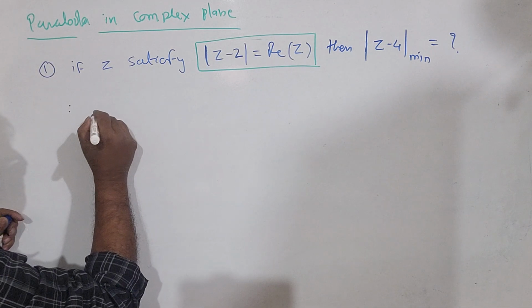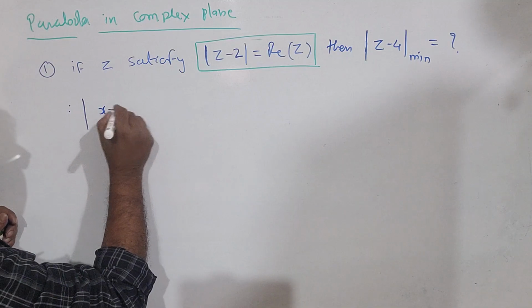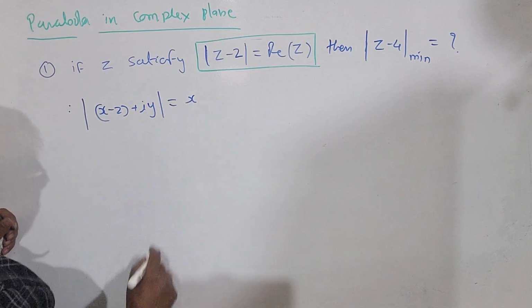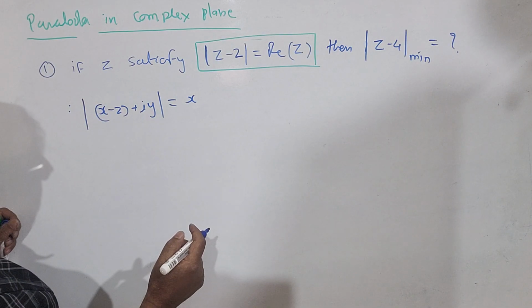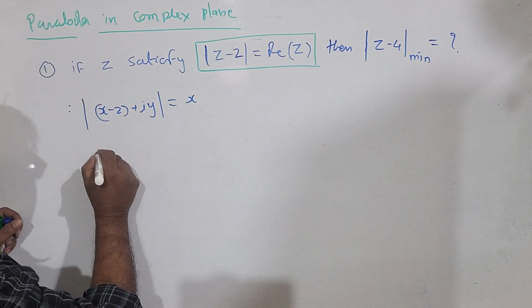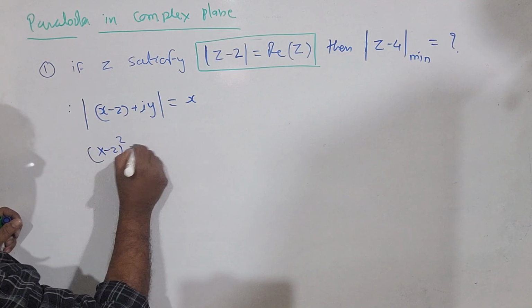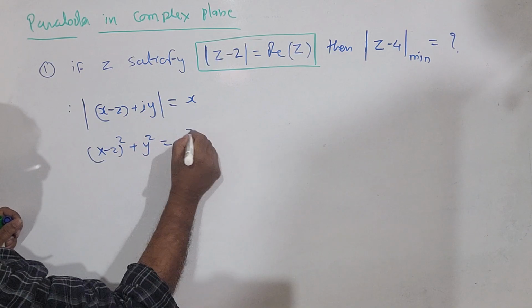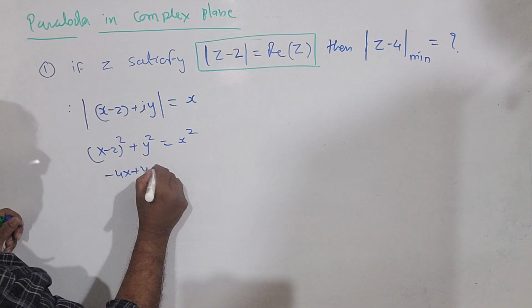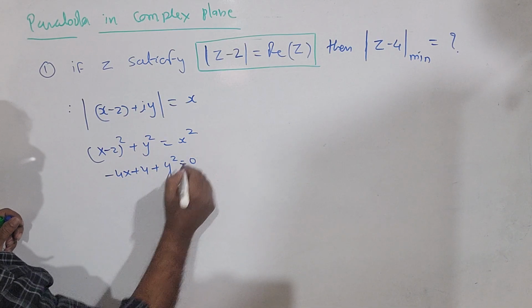So we have the modulus of (x minus 2) plus iota y equal to x, putting z equal to x plus iota y. This gives (x minus 2) whole square plus y square equal to x square. So this is minus 4x plus 4 plus y square equal to 0.